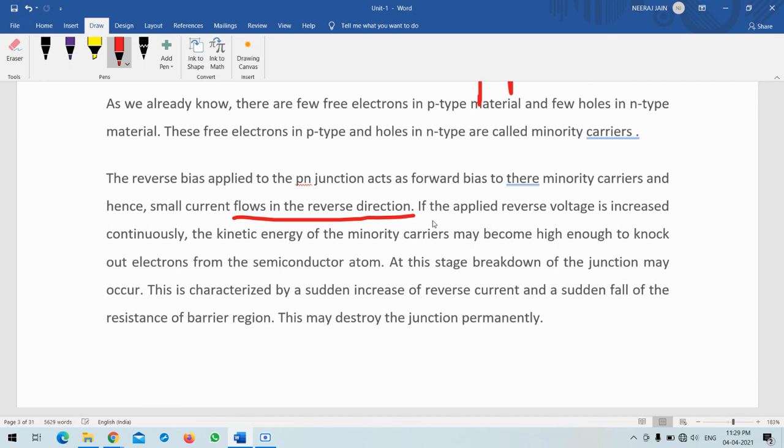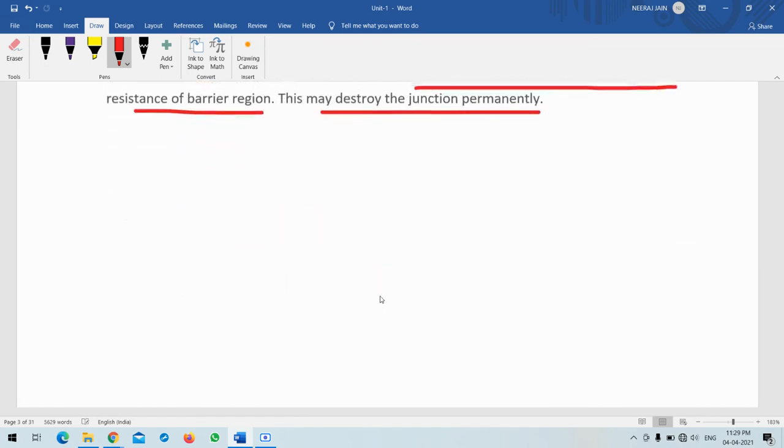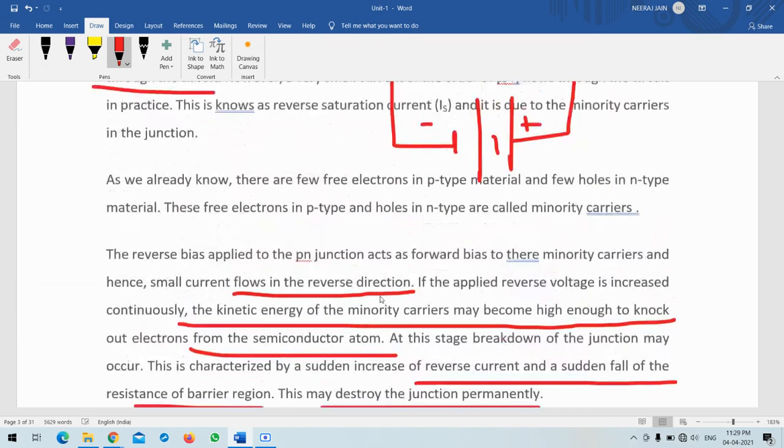If the applied reverse voltage is increased continuously, the kinetic energy of the minority carriers may become high enough to knock out electrons from the semiconductor atom. At this stage, breakdown of the junction may occur. This is characterized by a sudden increase of reverse current and a sudden fall of the resistance of the barrier region. This may destroy the junction permanently, as shown in the figure.